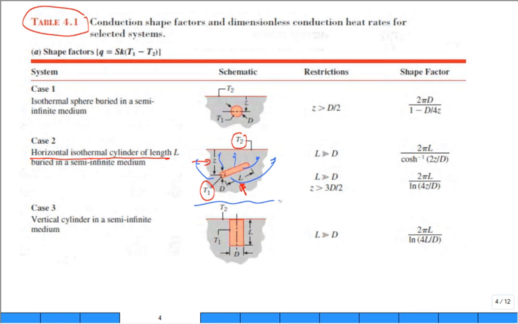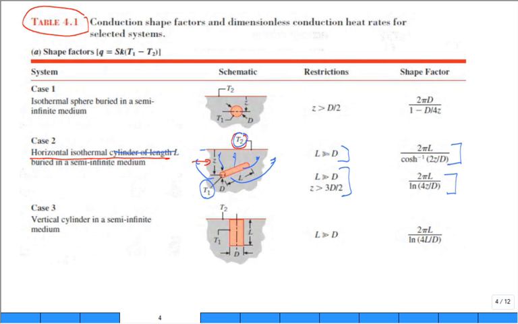How come there's nothing down here? Well, they don't have a T3. They don't have three temperatures. It's semi-infinite, and it just goes on forever and ever. If the heat comes off of this, think of T1 being high and T2 being low, it's eventually all going to go to T2. If that's true, you can get a shape factor. Here are two equations for the shape factor depending on how L and Z compare.